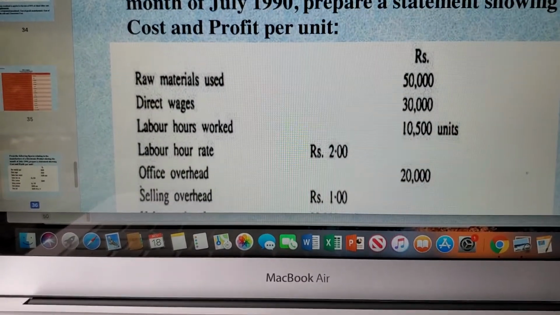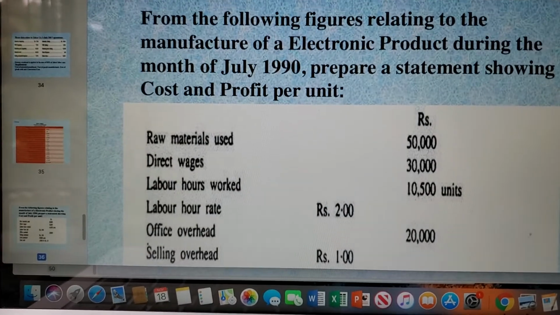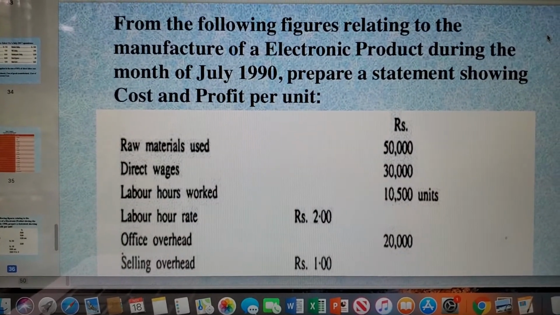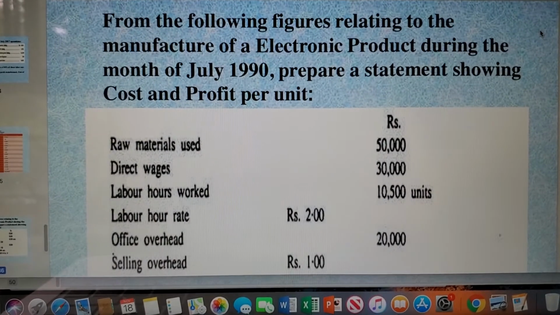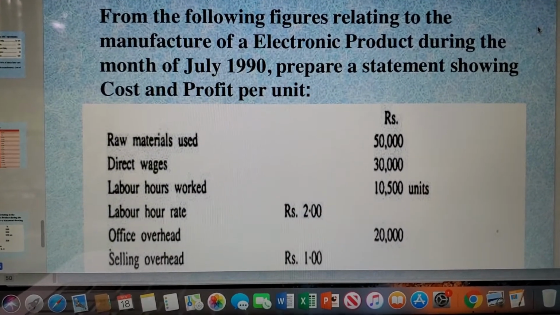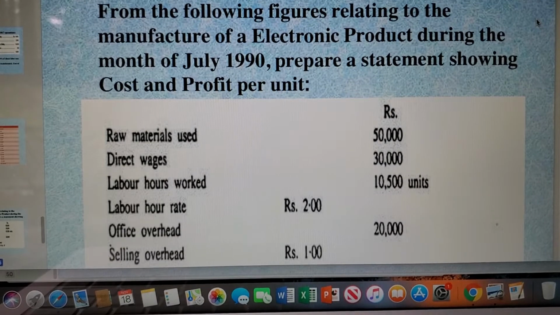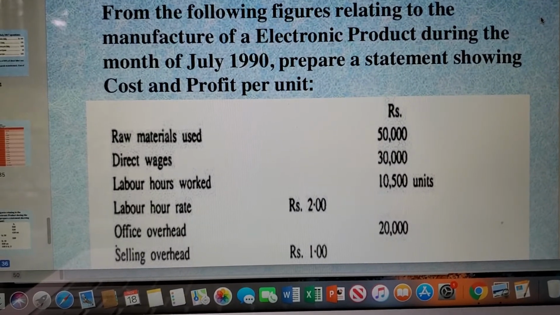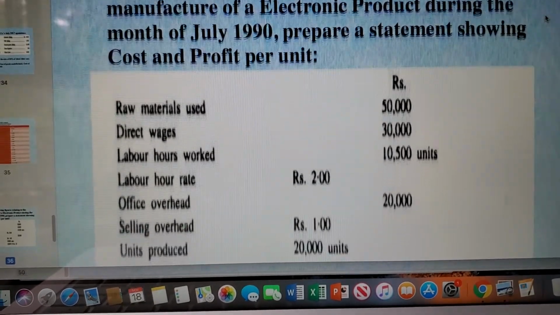another example, and what you're required to do is, from the following figures relating to the manufacture of an electronic product during the month of July 1990, prepare a statement showing cost and profit per unit. So the figures are as follows.